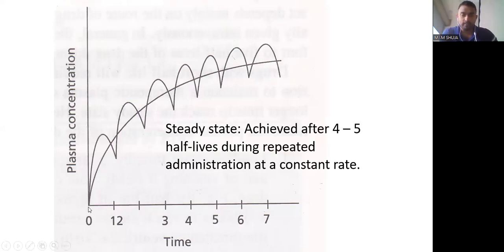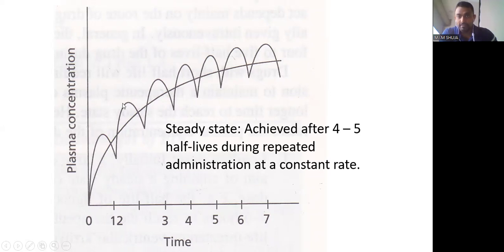Initially, you give a drug, so the concentration increases. Then metabolism happens, so the concentration reduces. Again, after the T-half, that means only after every T-half you are giving a dose. So by the end of the first T-half, 50% is reduced. Then you give the next dose, so the concentration is increased.